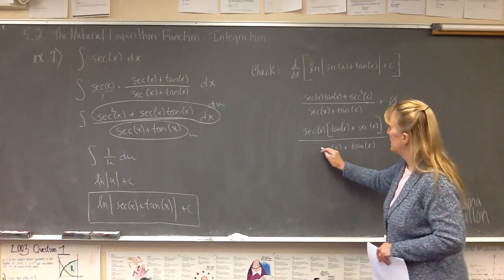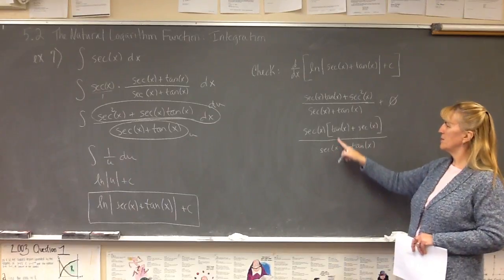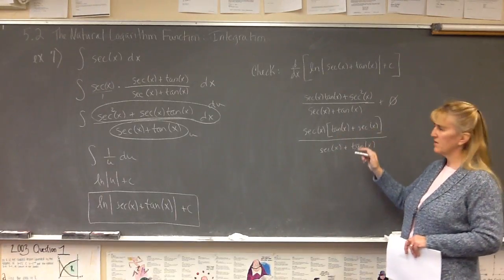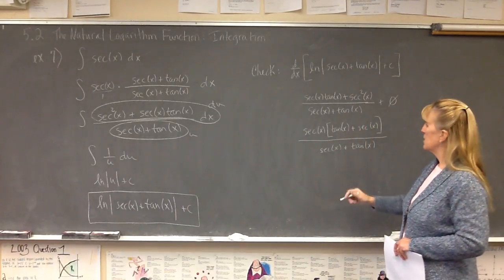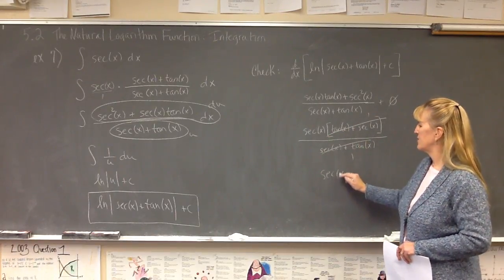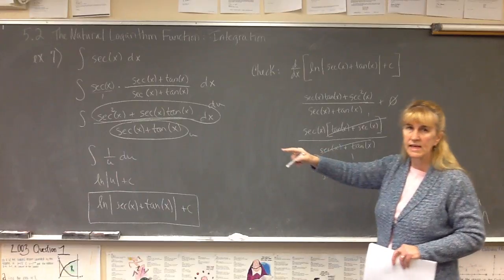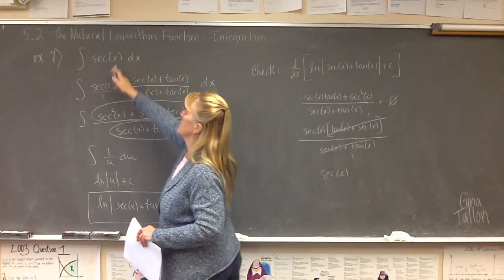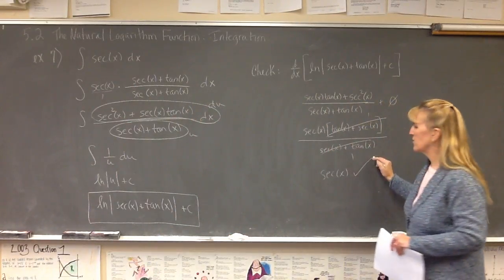And I'm hoping that you can see this denominator is the same thing that's in this set of parentheses, except it's turned around. Okay, this can divide off, this can divide off, and all I have left is secant x, which is exactly what I was asked to integrate up here in my anagram. So I'm checked.